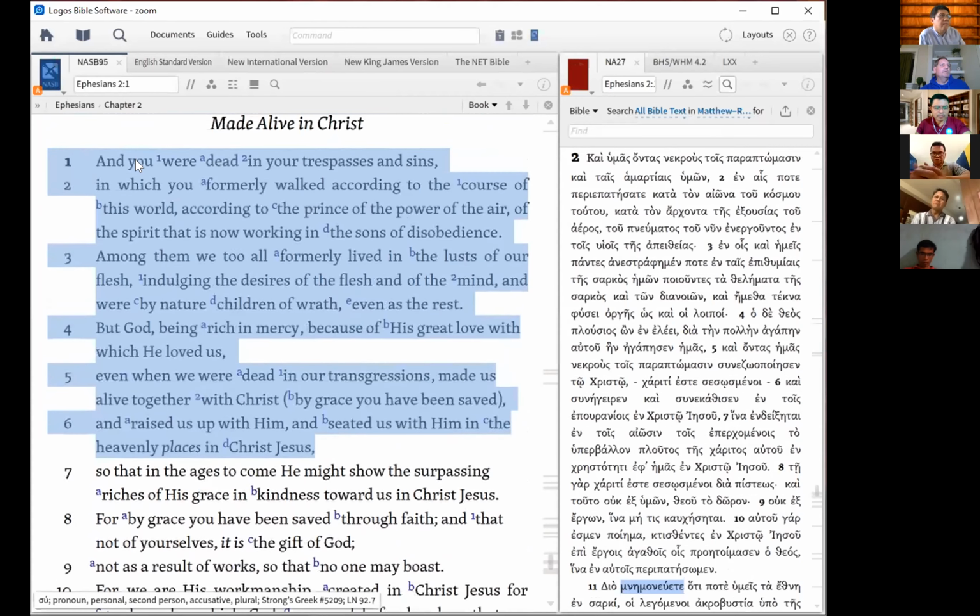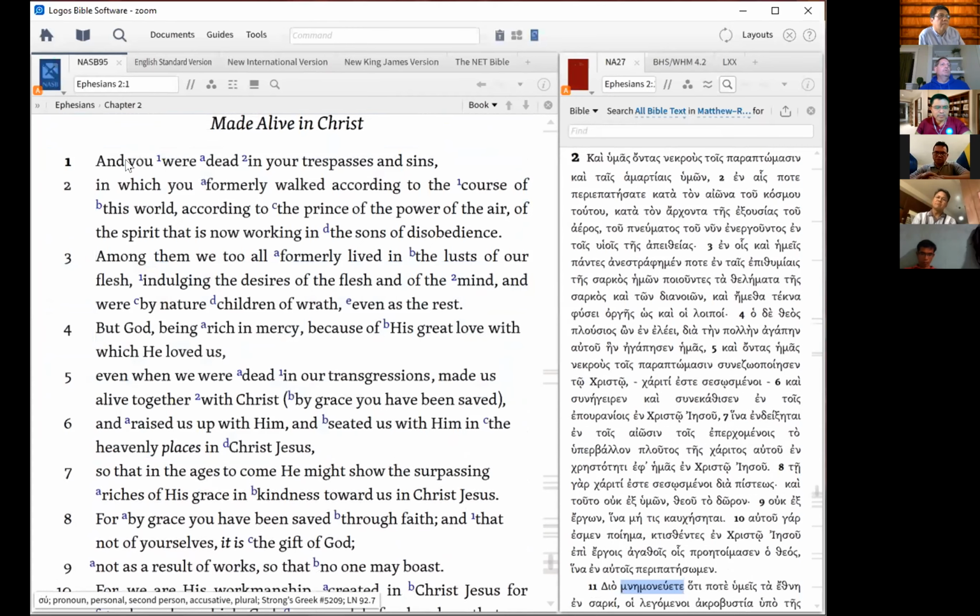Okay, so you've got, you were dead in your trespasses, you formerly walked. We, verse 3, our, verse 3, us, we, verse 5, us, verse 6, us, verse 7, right?